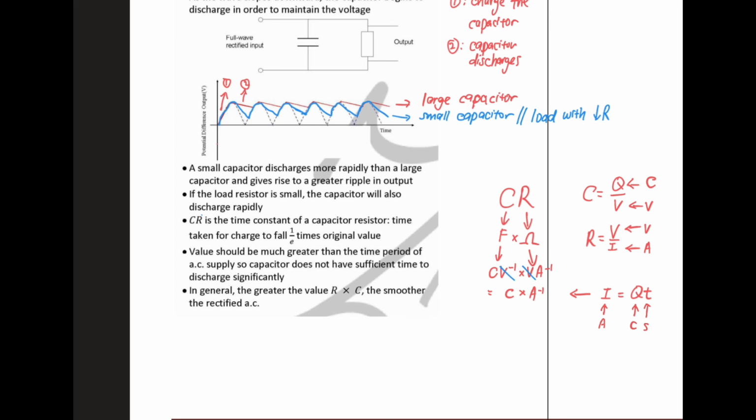Q over T, the other way around. Current is how fast the charge moves. So Q over T, the unit is coulomb over time. Okay, so ampere is coulomb over second.